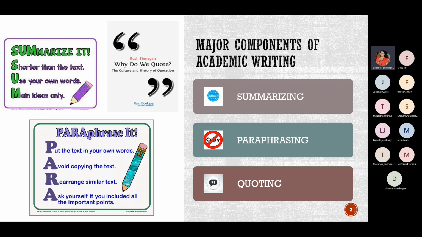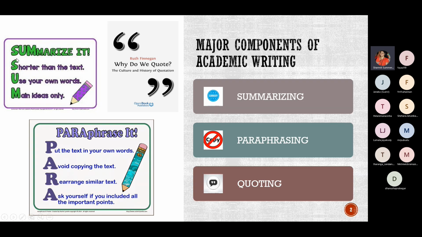You can use them, because you need to have some idea before you can develop your own articles. But there is a way of using them without plagiarism. You need to know that. So these three components you need to keep in mind when writing a report. The first one is summarizing. So here, summarize it.